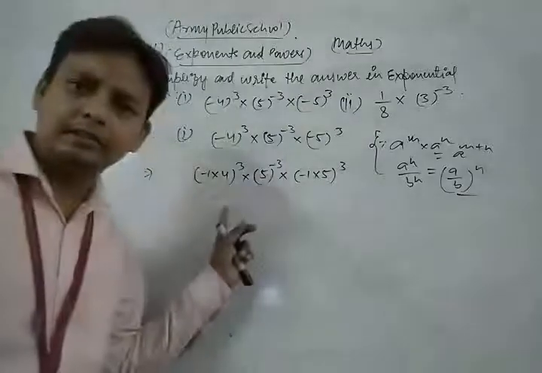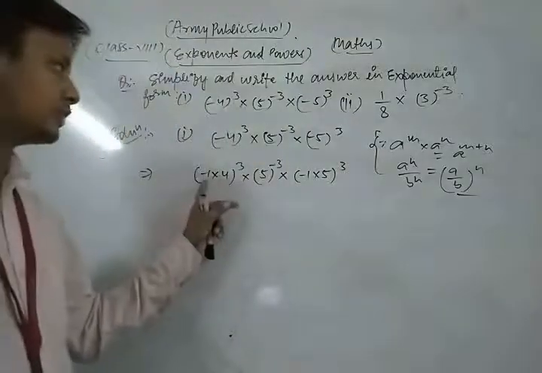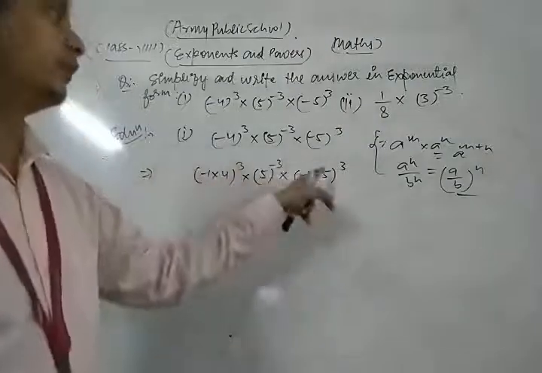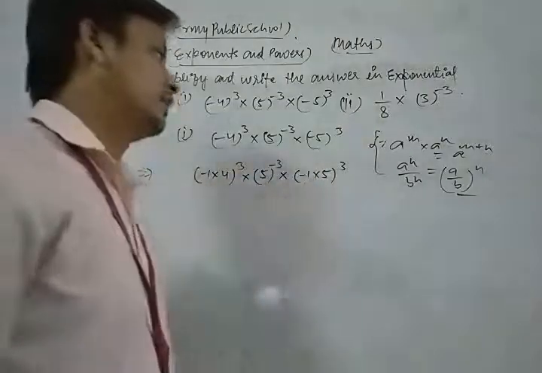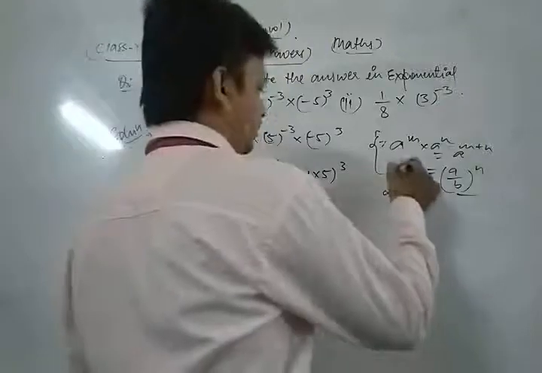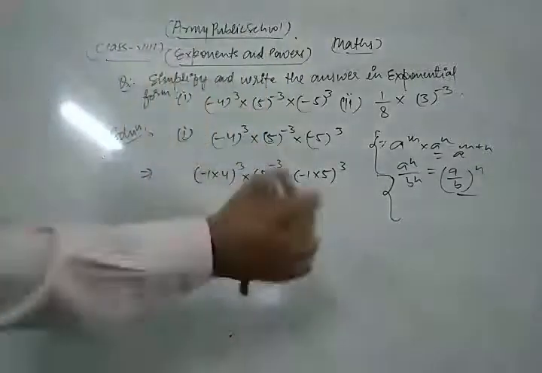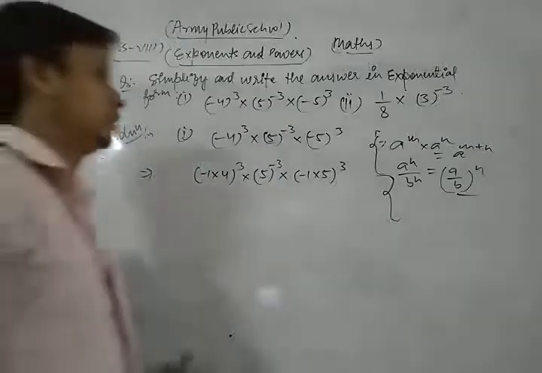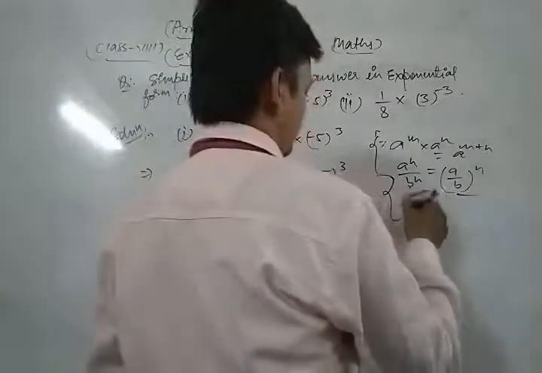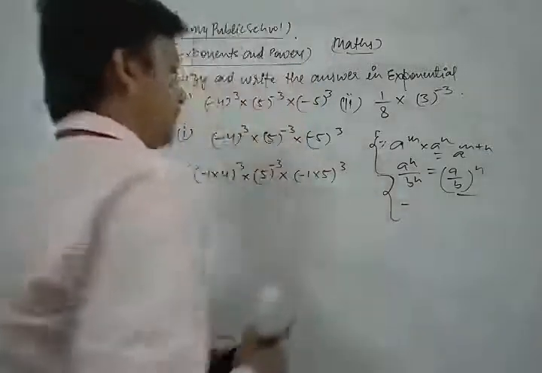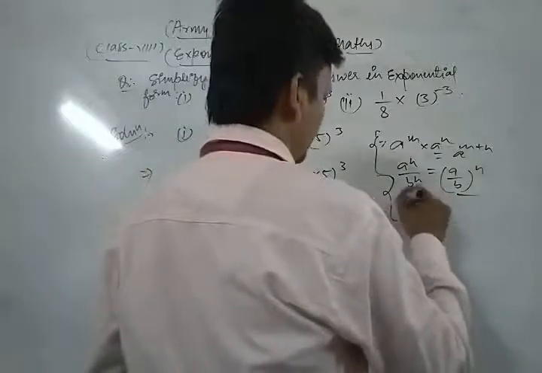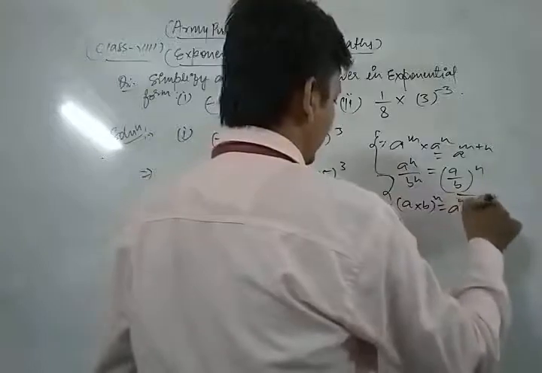We can write it now, because minus 1 times 4 is minus 4, and minus 1 times 5 is minus 5. Now definitely, we know that a into b to the whole power n, we can write as a power n into b power n separately.